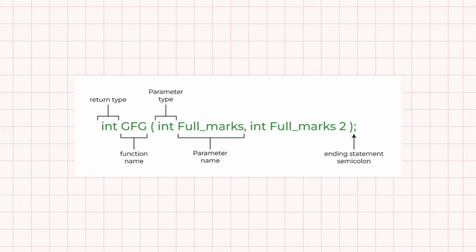These parameters come from the main function, and each contains a parameter type, which must be mentioned before the parameter name. If the parameter type is int or float, we mention it before the name of the parameter. We can define multiple parameters, then close the bracket and add a semicolon.